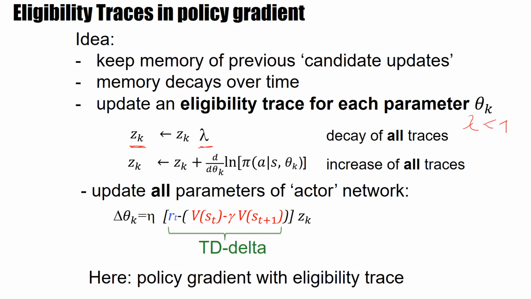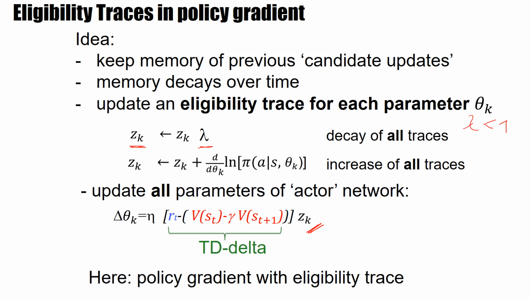And this is happening in each time step for all of the traces. And then we also update all the traces proportional to the derivative of the log policy. Now, these parameters, the thetas, are finally updated proportional to the eligibility trace and the TD delta. And so now this is policy gradient with eligibility trace.